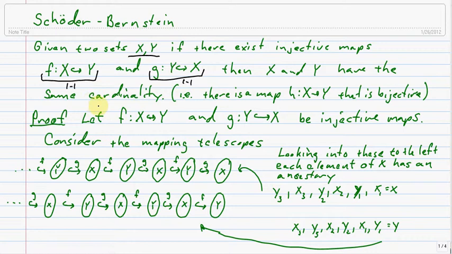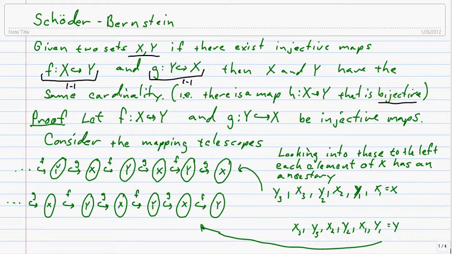That's not quite what it says in the notes. The notes say that there's a bijective correspondence, which is sort of equivalent for sets. But we're going to be able to construct this bijection from this version of the Schroder-Bernstein theorem.